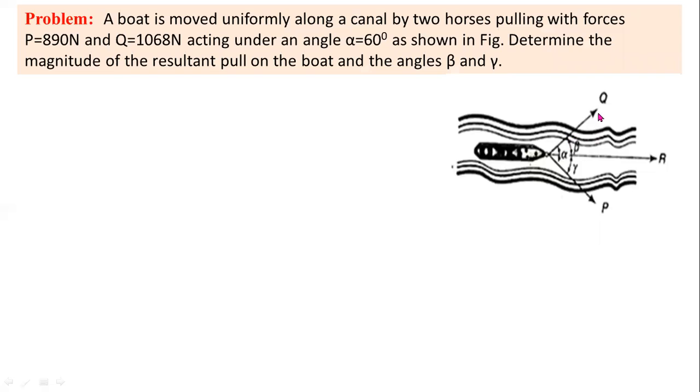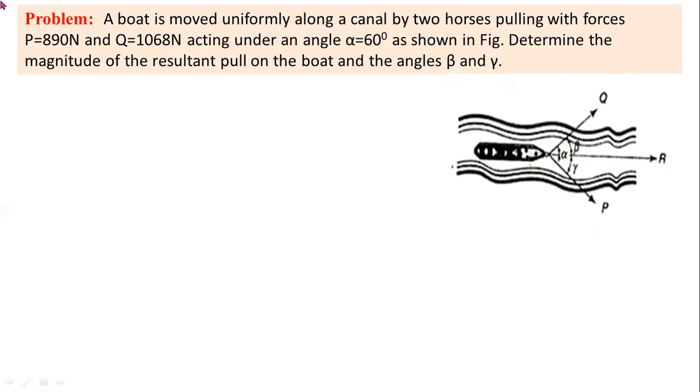The total angle between these two forces P and Q is 60 degrees. Alpha is the total angle between the two forces. Now by using the parallelogram law of forces, you have to find the value of the resultant and the direction of the resultant.